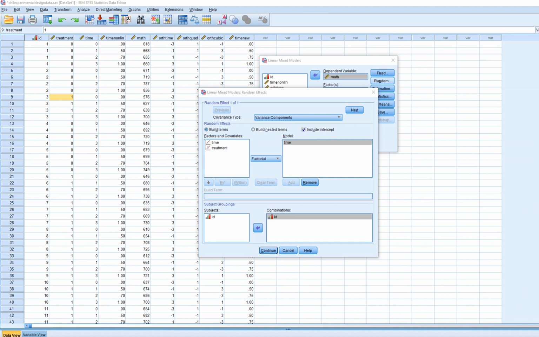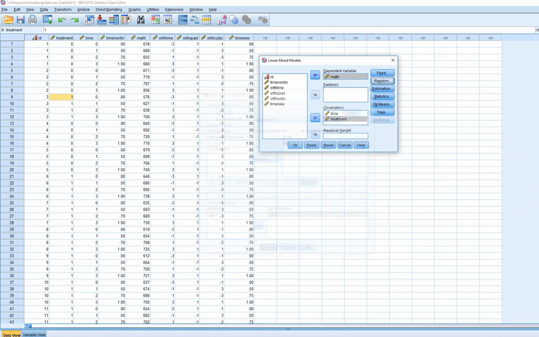Now if we left it under variance components for the covariance type, then we would just be estimating the variances for the intercepts and the slopes. But keeping consistent with their presentation, we'll go ahead and select unstructured, meaning that we're going to be estimating both the variances of the students' intercepts and slopes, as well as the covariance between the two.